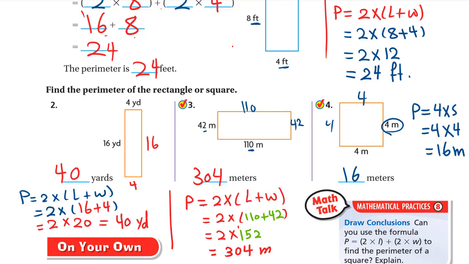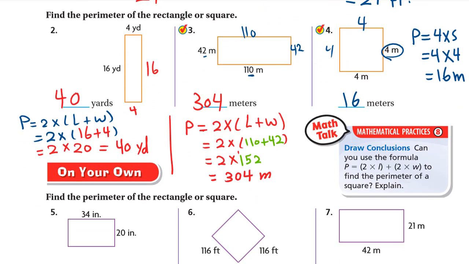Okay, guys. So to sum it up, we have the rectangle and the square. For both of them, if you want to get the perimeter, you can add all of the sides. So if you add all of the sides, you get the perimeter of a rectangle or a square. And we have formulas to help us.